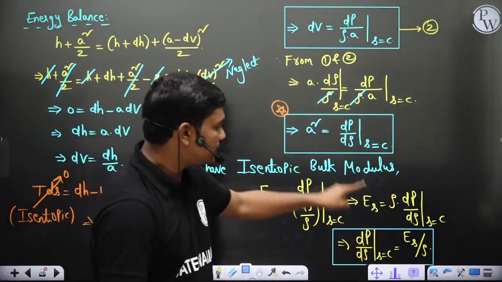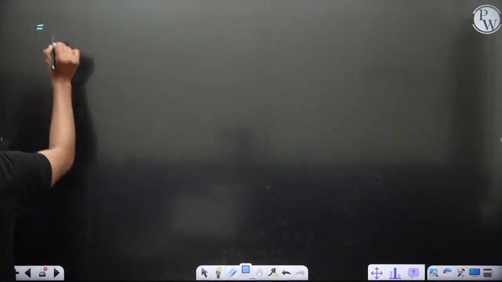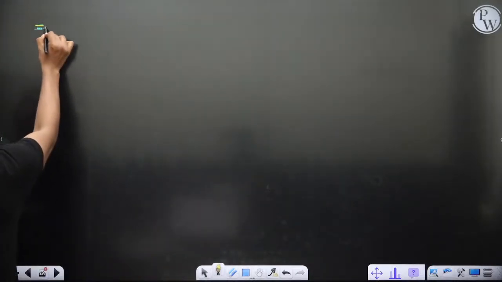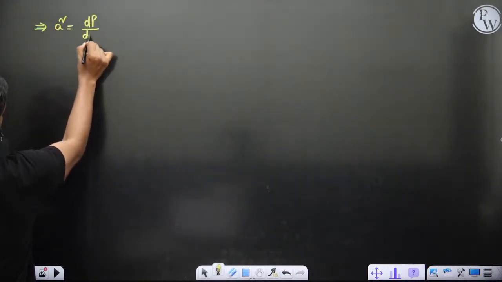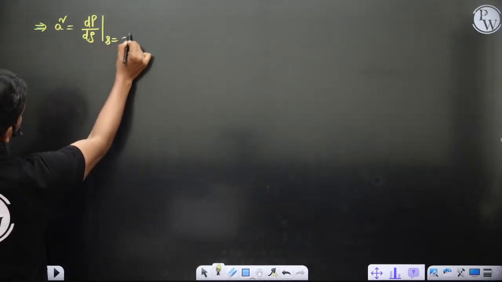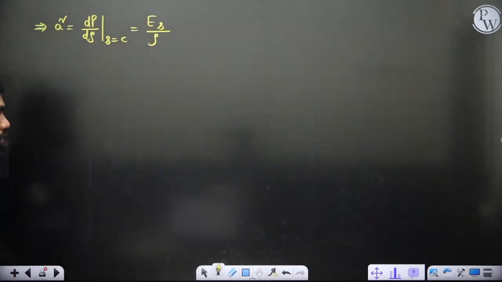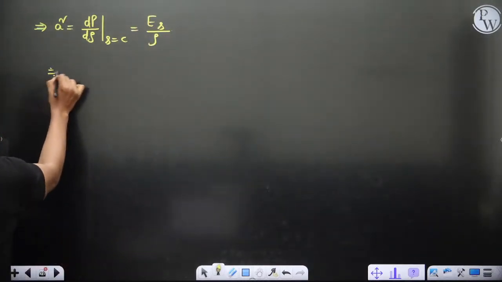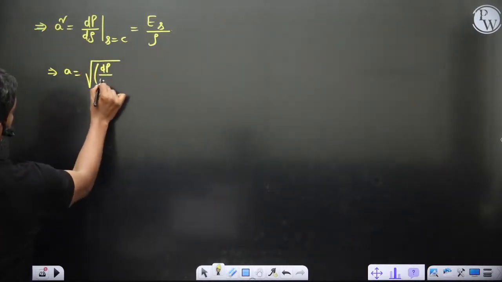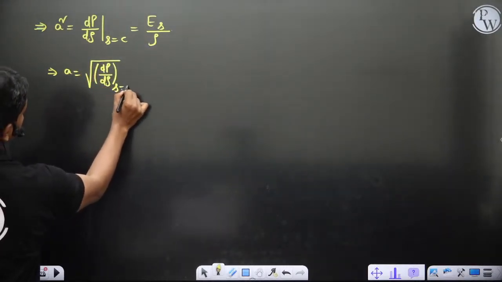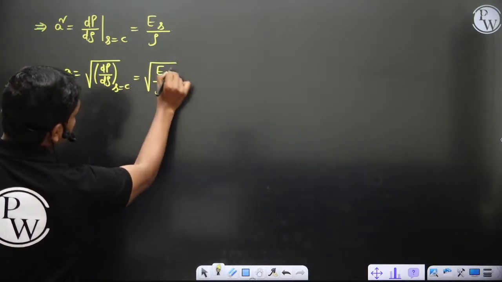So if I replace this with this quantity, this implies your a square is equal to dp by d rho at isentropic conditions, which is also adiabatic bulk modulus divided by density of the fluid. That's why I was writing a is equal to square root of dp by d rho at isentropic conditions, and this is also equal to square root of adiabatic bulk modulus by density.